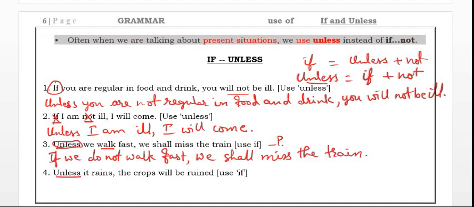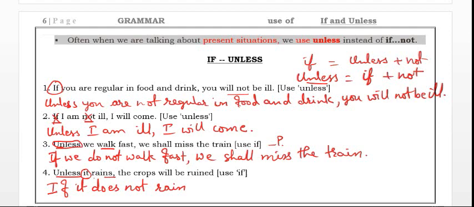Fourth one. Now again, if you see, unless is over here positive. Same type as the previous one, the third one, same way. If. Now the thing that has changed a little bit is, since it is it, we are supposed to use does, not do. So if it does not, now rains will change to rain.